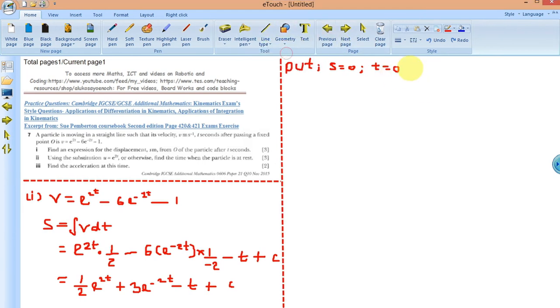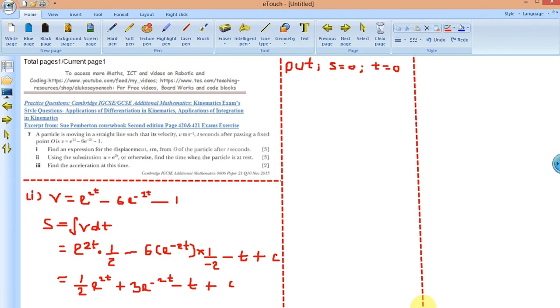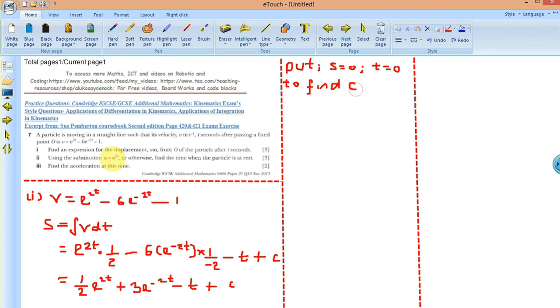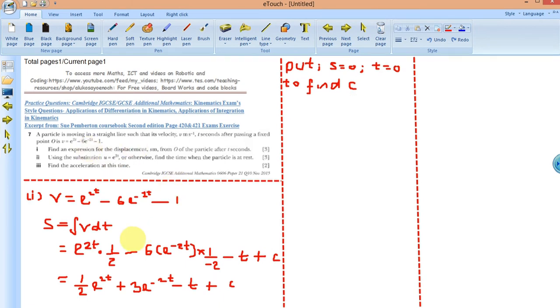Okay, sorry. Well, I'm not going to write it. Let me write it. Don't worry, I'm going to write it. So to find the constant c, put s and t to be 0 in the original equation, in the function.